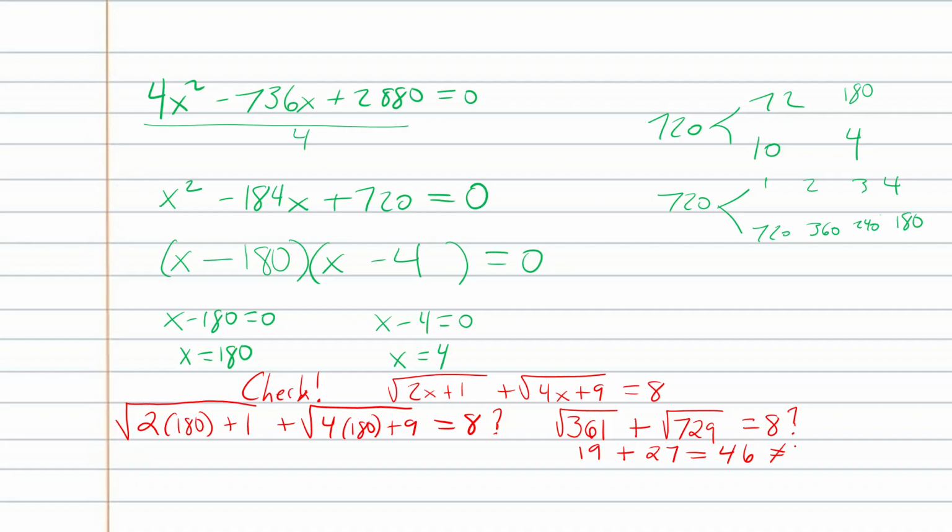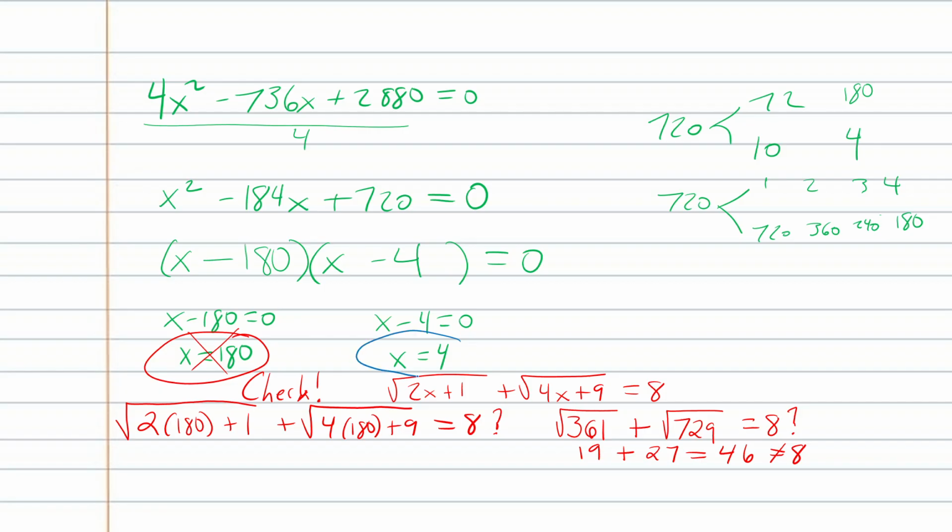But 46 is not equal to 8. So unfortunately, this solution does not work. Oh man, it's a lot of work to get that solution. It happens. Let's check the other solution though.